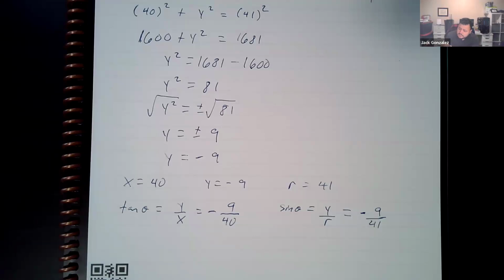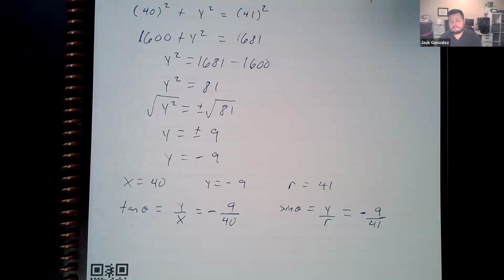Any questions on this last problem here? All right, well, we'll stop here then. X equals 40, so that was given to us.